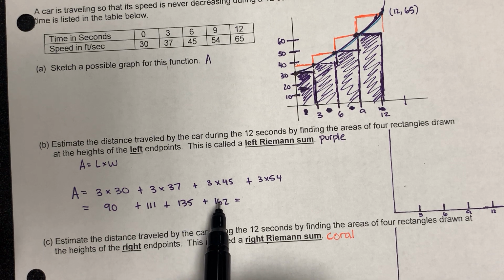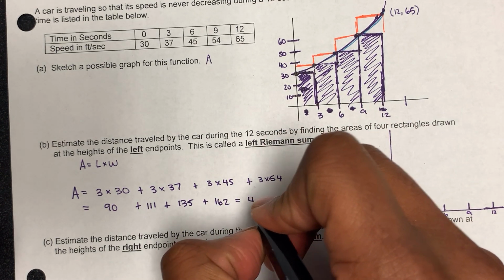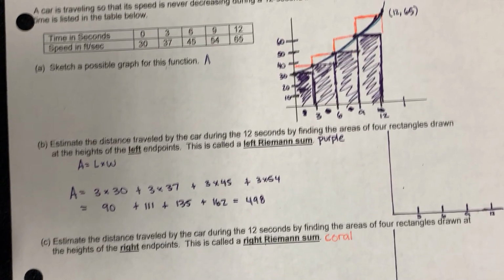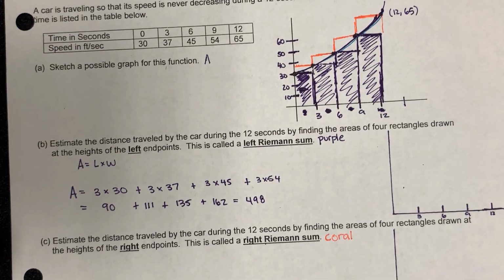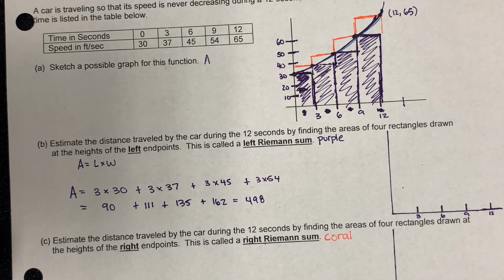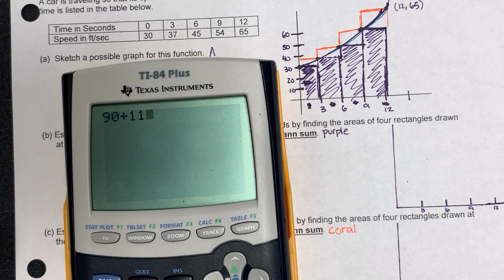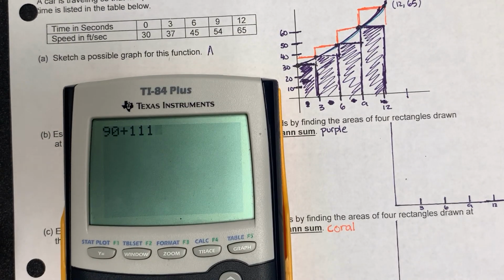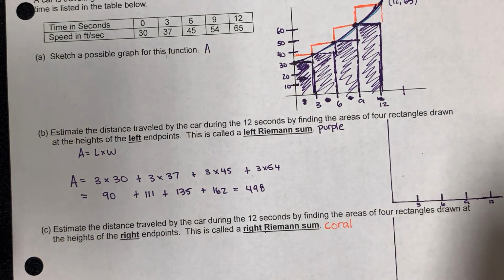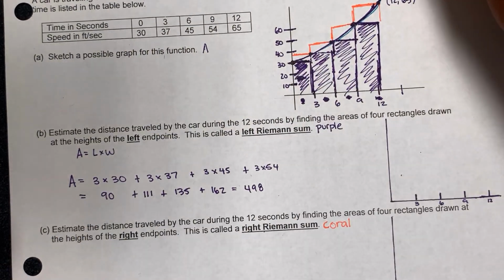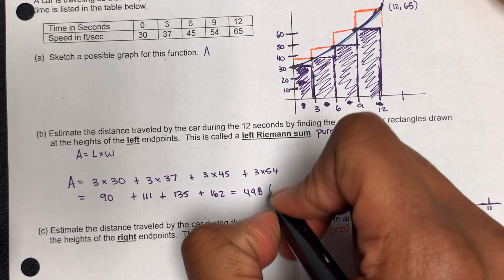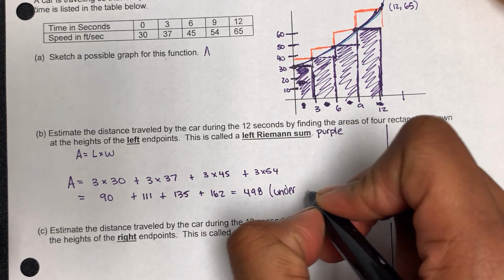Let me check on a calculator. 90 plus 111 plus 135 plus 162 is 498. All right, so this is an underestimate.